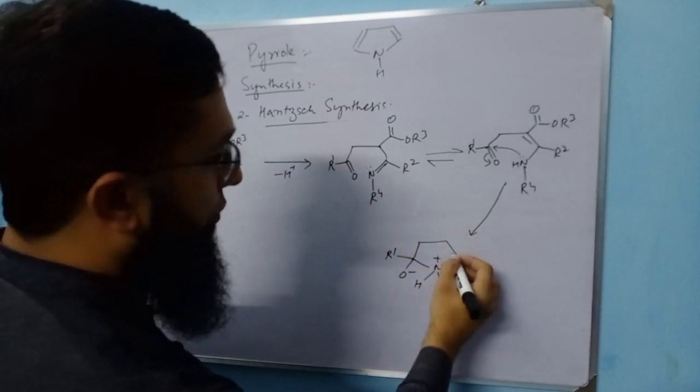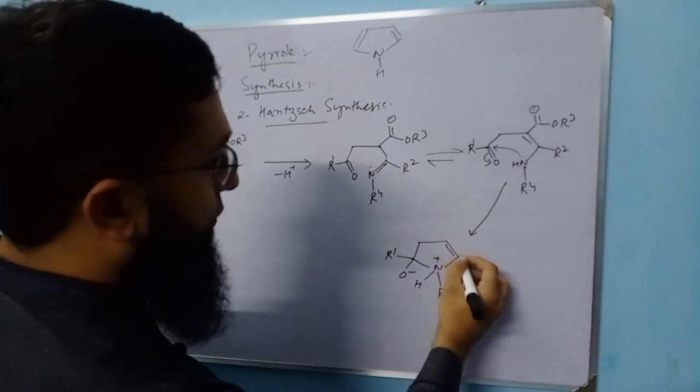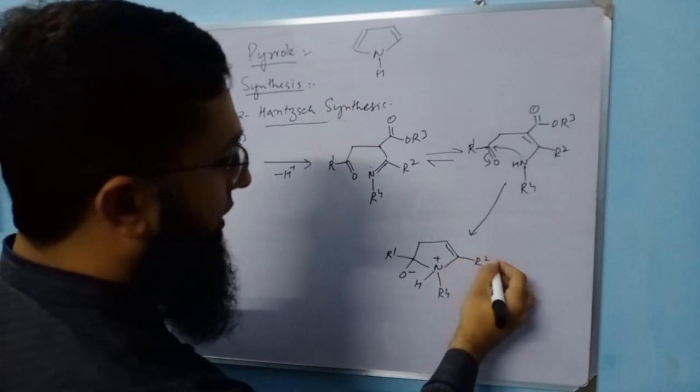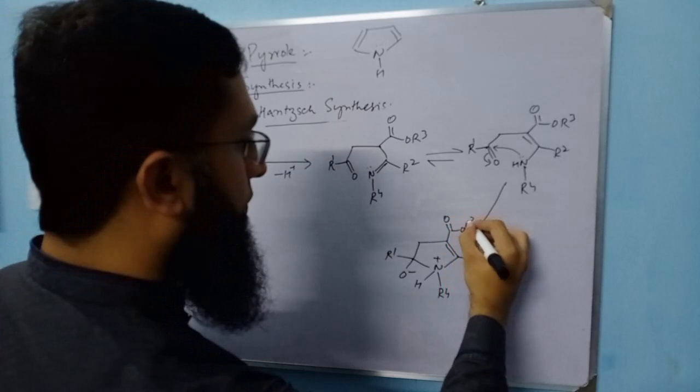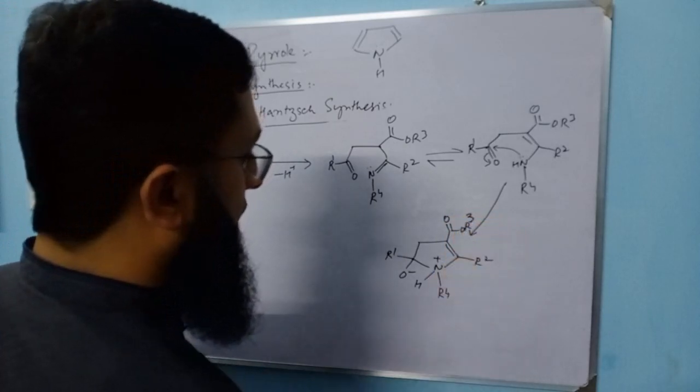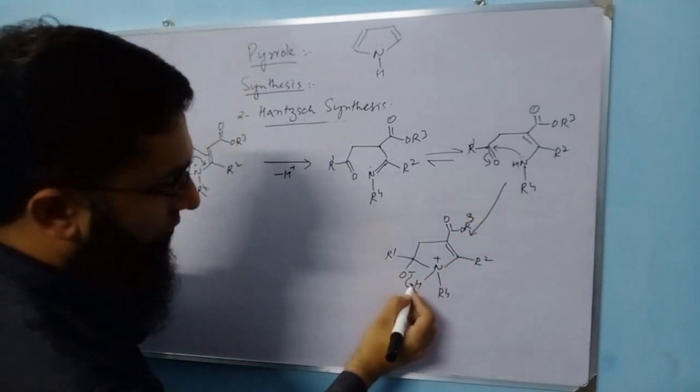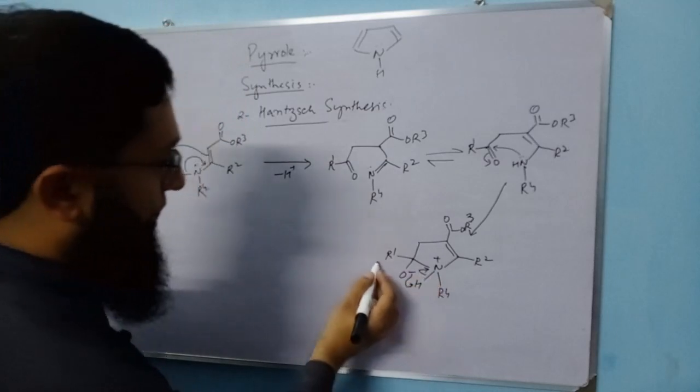Again, nitrogen was neutral, so it would get positive charge because it donated its electrons. And again, proton transfer reaction would take place.